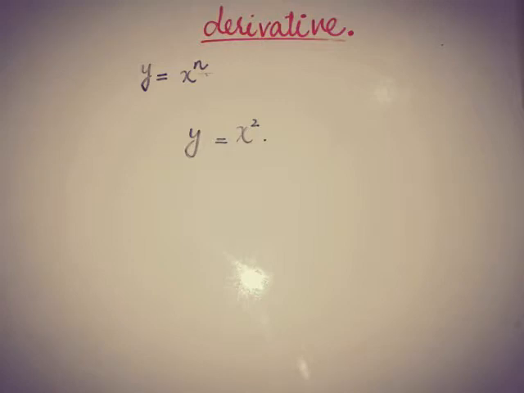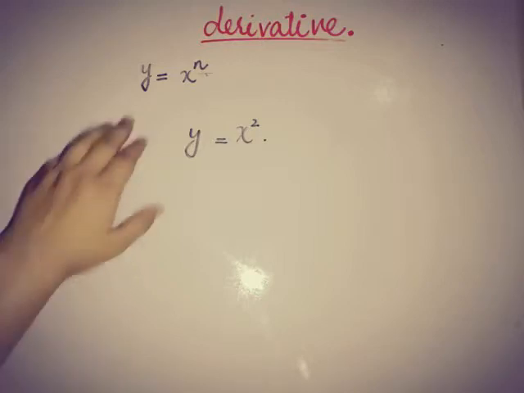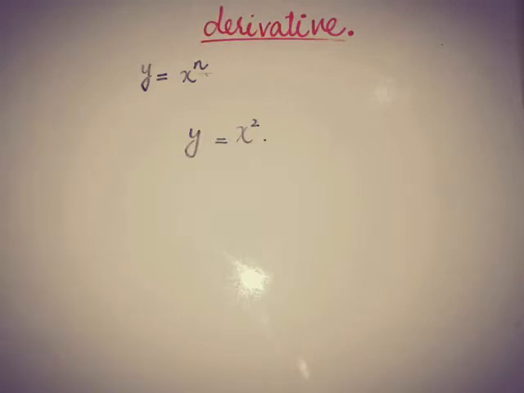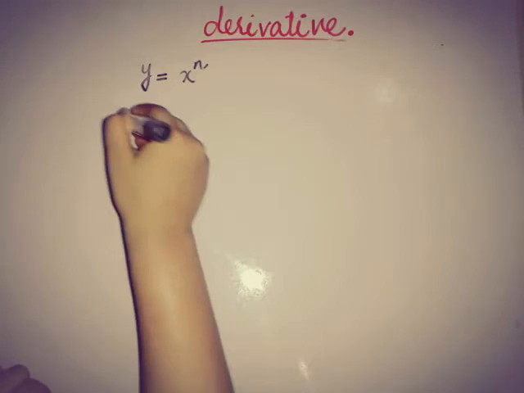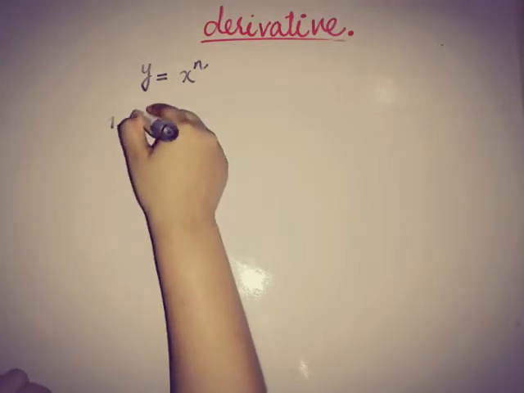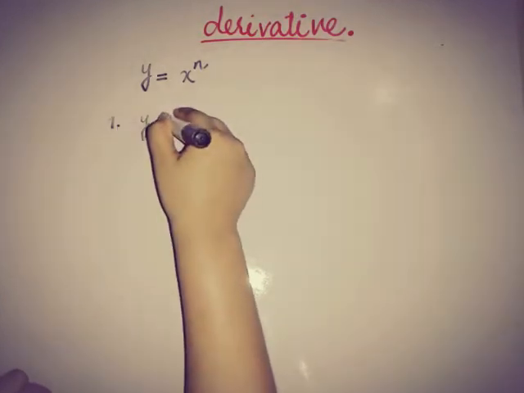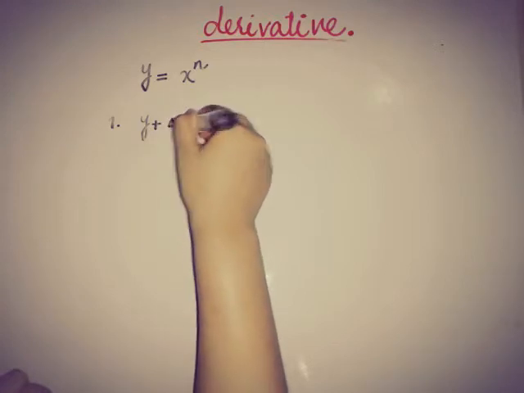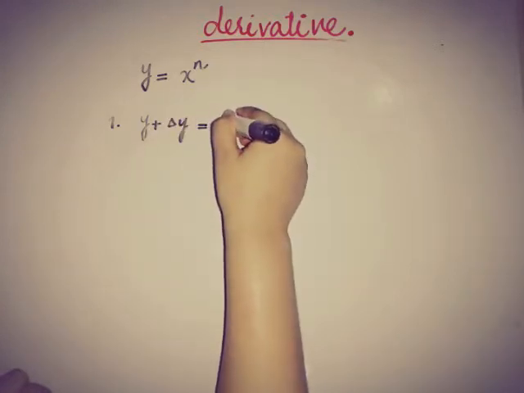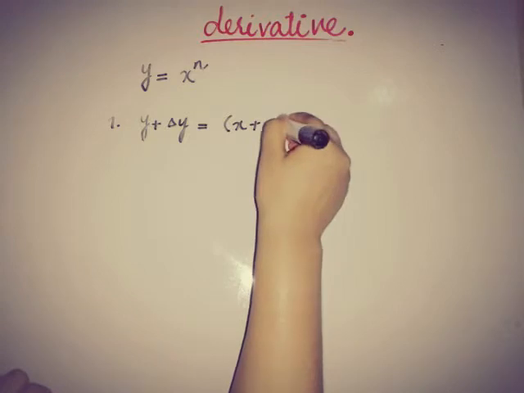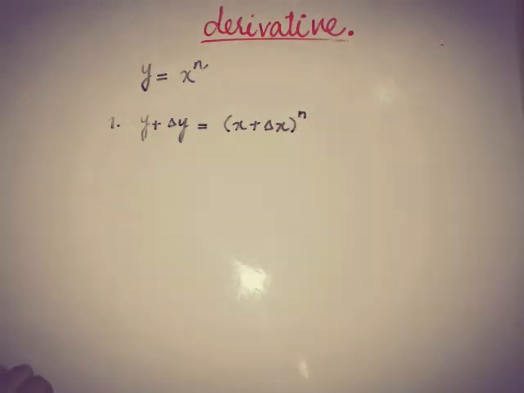So the idea is to solve such functions using the binomial theorem. Let's solve it. The steps are just the same as we did earlier. The first step is adding the change in.